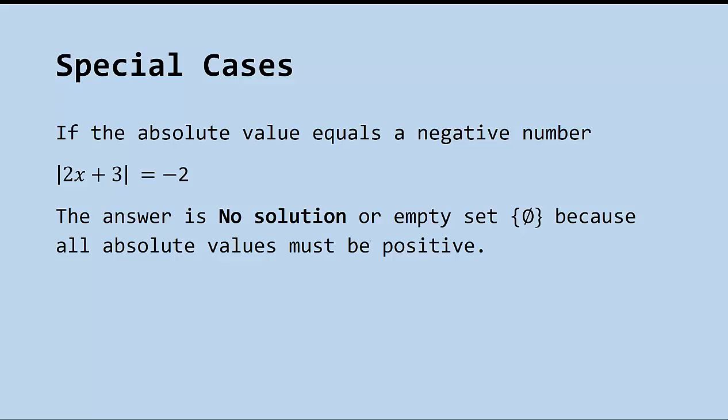So in this particular case, the answer is no solution, or can be written as the empty set. Because again, all absolute values need to be positive, so this particular case is letting us know that there are no solutions that I could substitute in for x and make this a true statement.